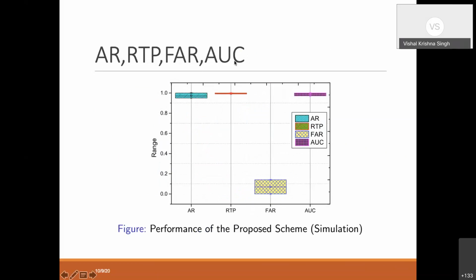As you can see, the accuracy rate shown over here is significantly high. It is approximately 99.02, which is almost the highest, a very high accuracy rate. And not only is the accuracy rate high, but the false alarm rate is also very low.